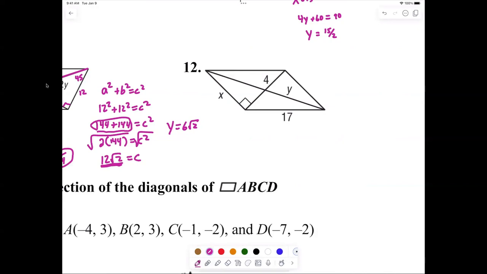So this is 17. Do we agree with that? This is a right angle right here. This has to be 4.